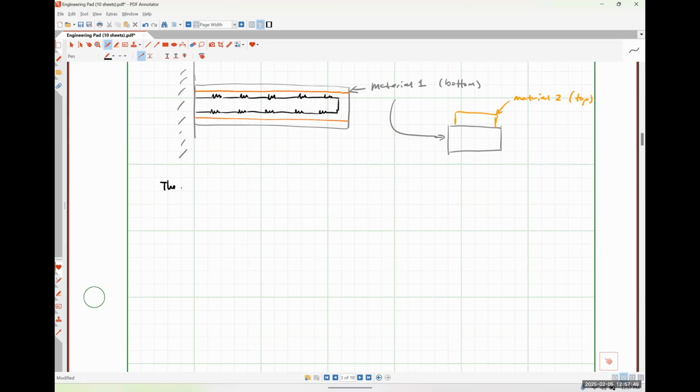Now we're going to talk about thermal actuation with a single material. So let's say that I have a simple structure again, okay? So I have a beam, and now I'm going to anchor it on both sides.